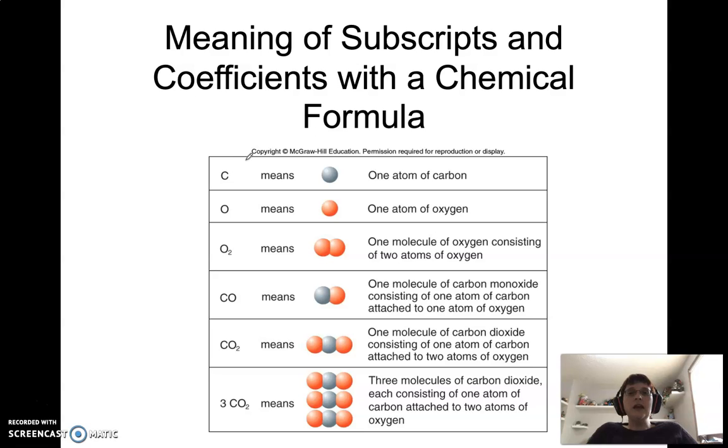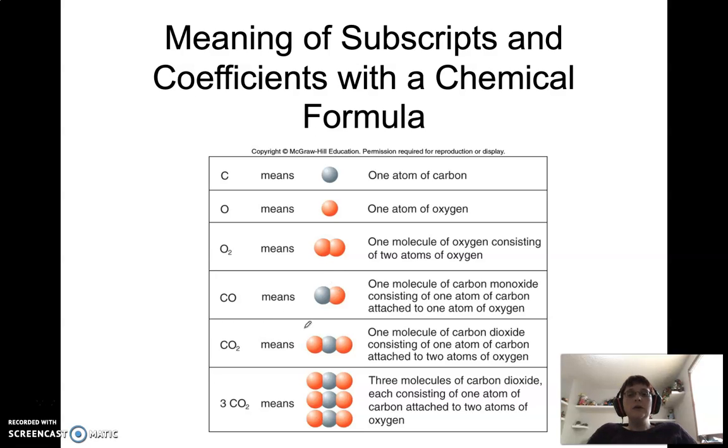So this is just looking at subscripts versus coefficients. We already know that a single letter of the atomic symbol just means one atom. And if we put the subscript in, for example, for oxygen, that means we're going to have 2 atoms of oxygen. And with our chemical equation we're working with, CO is going to tell us that we've got 1 of each.